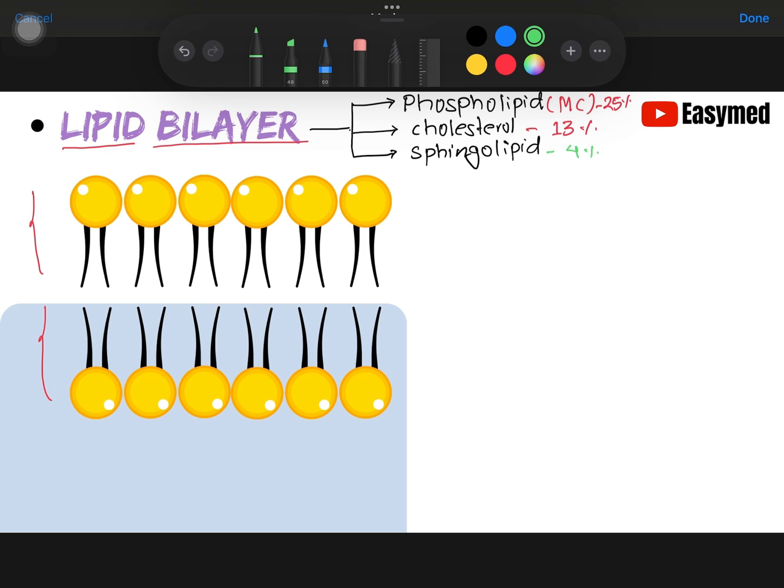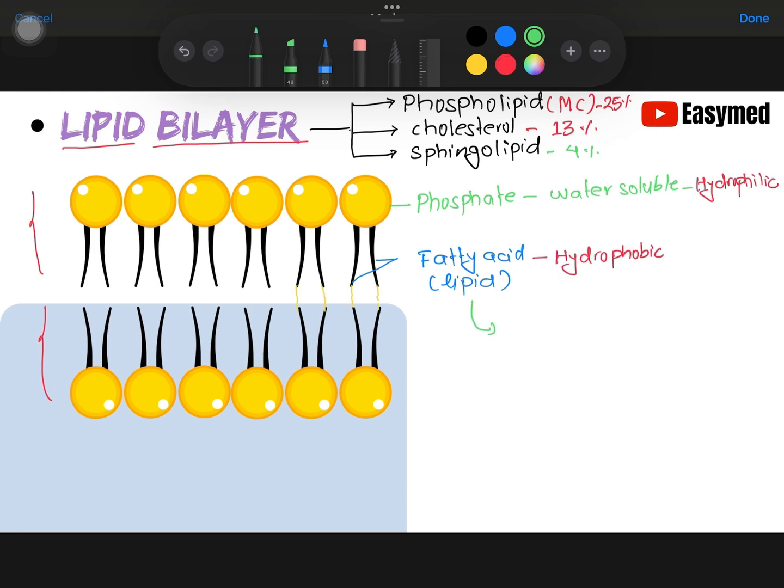Now this picture shows the phospholipid, which contains two parts. One is phosphate and another one is the fatty acid part. The phosphate part is water soluble, so it is hydrophilic, whereas the fatty acid part is hydrophobic.